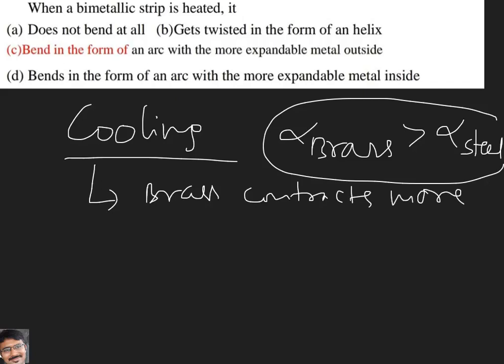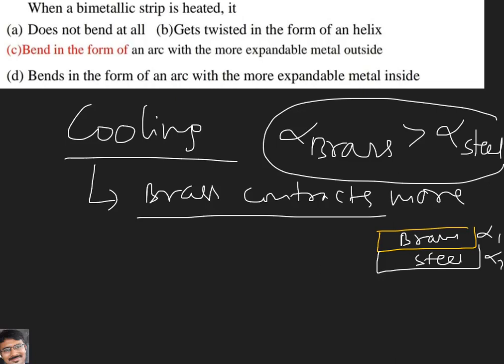Generally, before, what will happen? This is at T degrees. This is brass, and the bottom one let us take as steel, steel at bottom, brass at top. Here alpha 1, here alpha 2, fine, everything is clear. Now what happened? Brass contracts more. So brass contracts more means what will happen now?